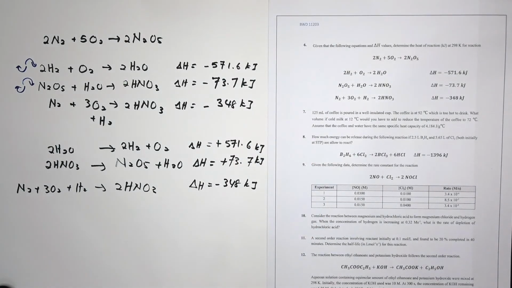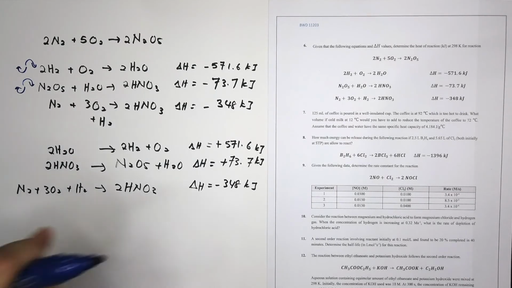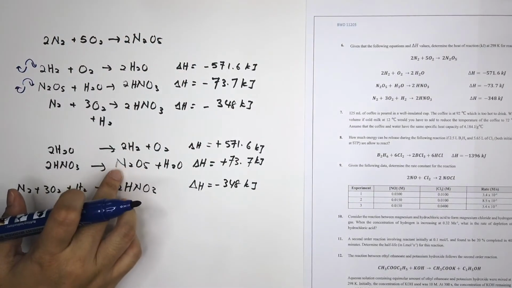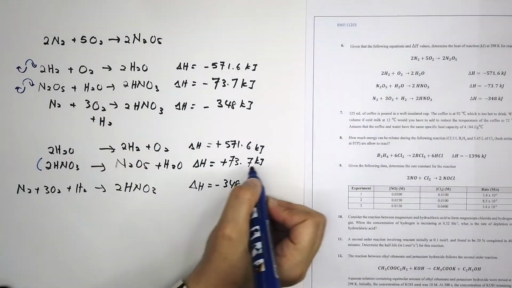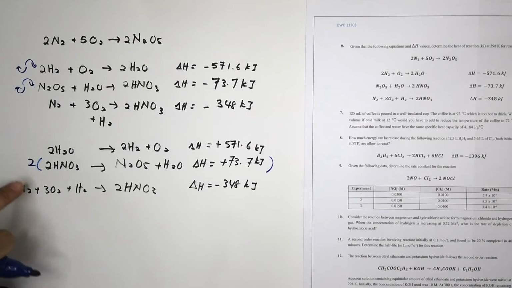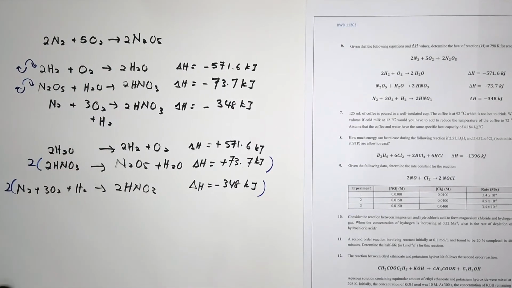Okay, so now we are going to check again whether we have enough of things or not. The first one is okay, I have no problem with this, but for the second one we actually need 2 of this, so we need to times 2. And for the third equation, because what else do we need, we need 2 and 2 as well, so we need to times 2 over here.